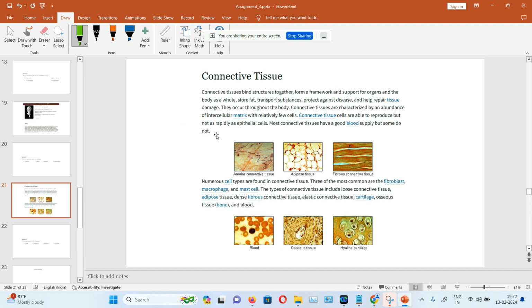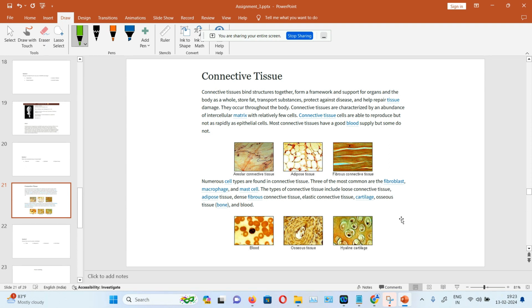The types of connective tissue present in our bodies are adipose tissue, fibrous connective tissue, elastic connective tissue, cartilage, osseous tissue, which is bone, and blood. These are the different types of connective tissues present inside our body.